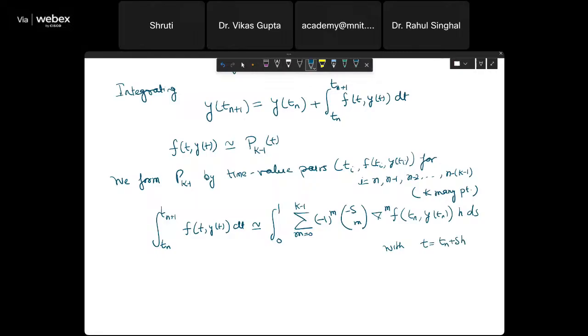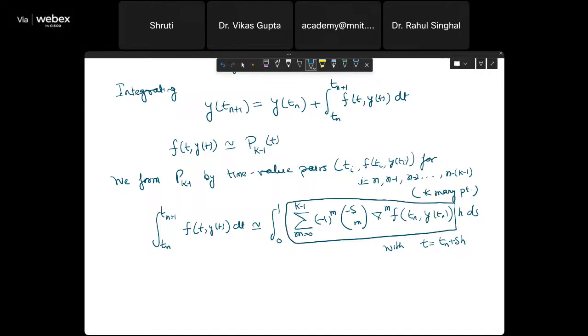So basically what is our k minus 1th degree polynomial here? The polynomial is this one, whatever is written as the integrand over here.